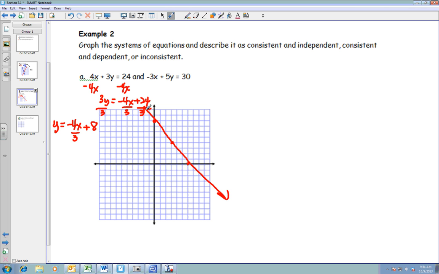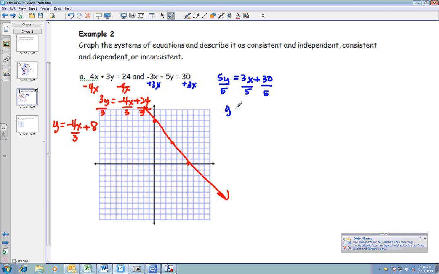Now let's look at my second equation. We have to solve for y, so I'm going to add 3x to both sides. That gives me 5y equals 3x plus 30. And divide everything by 5.